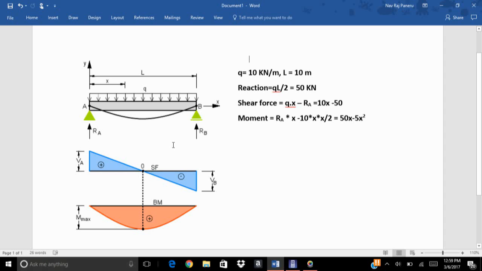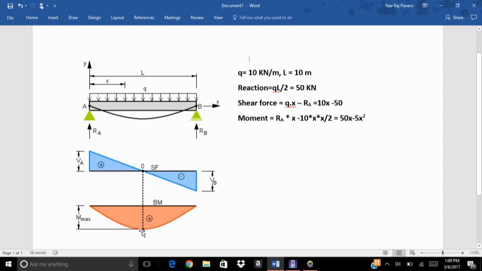For this case it is simply supported, so we can tell that the zero shear force is at a distance half of the length, and the maximum bending moment also shows that its maximum value is at the half distance, right? But if the support conditions are altered, these values will fluctuate. So I can tell the maximum value by just looking at this graph.